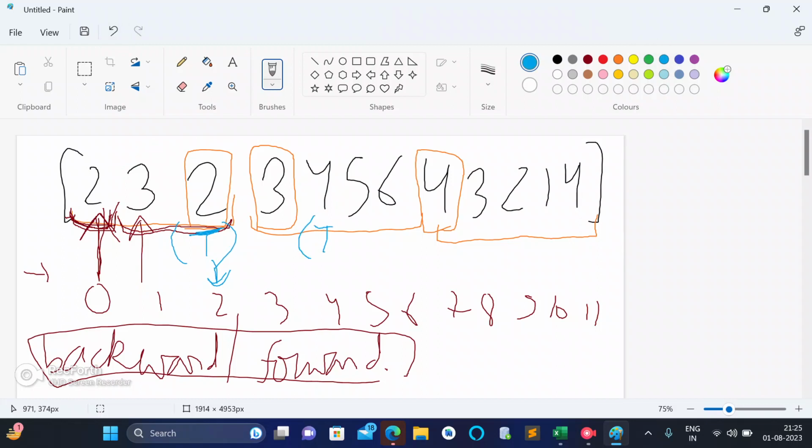So I will mark this 4 as true, because this whole section's last element would be 4. So I will mark the fourth position as true. Now my pointer moves to this.